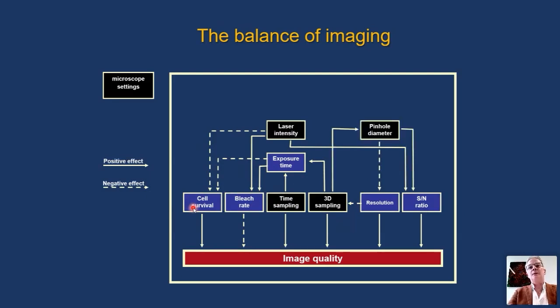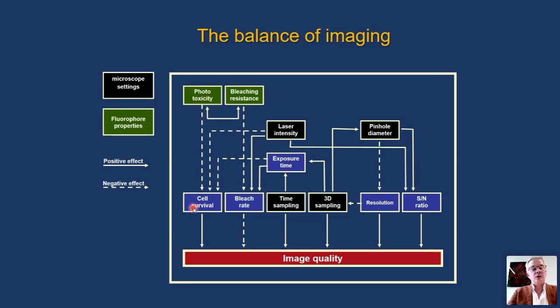Also, the pinhole diameter has an influence on the signal to noise ratio and the 3D sampling. But there are also some properties of the fluorophore itself. I just said some fluorophores are more toxic than others, and fluorophores have a quantum yield and extinction coefficient. So all these different parameters you have to tune.